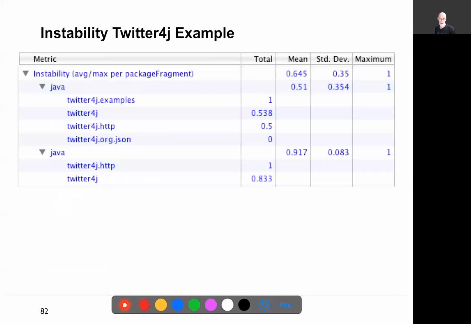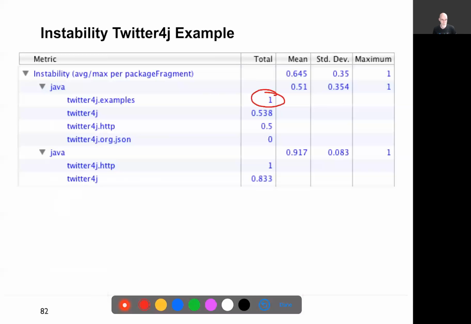Now, we can see, right, the examples is one. And that makes sense because examples is just showing you how to use code and other packages, right? And no other package is going to depend upon examples because it's just showing you how to use other packages. So that value makes sense.